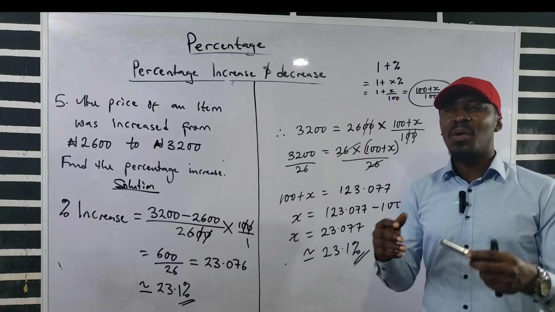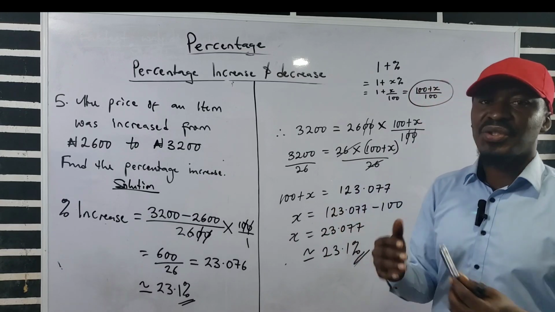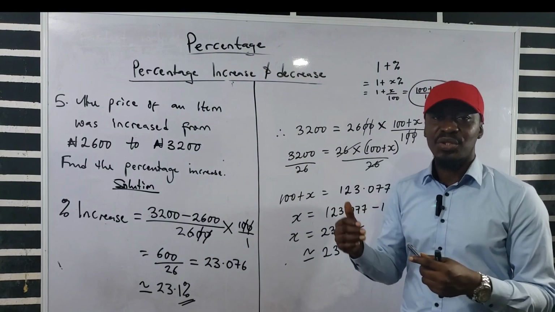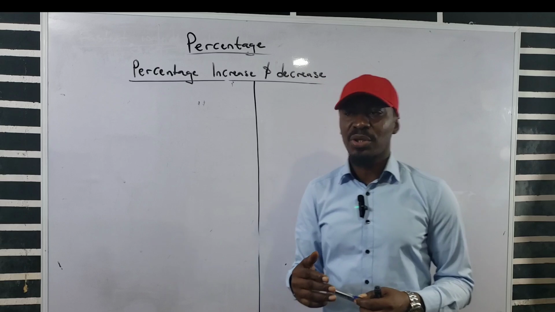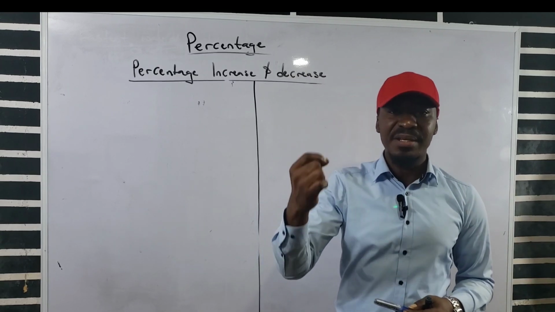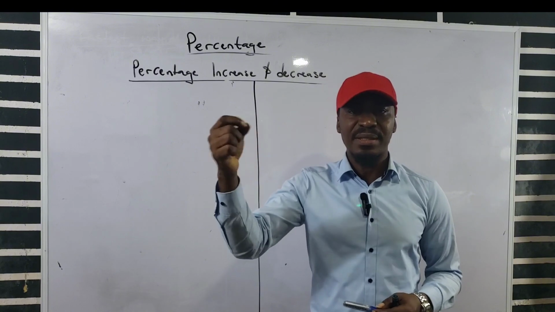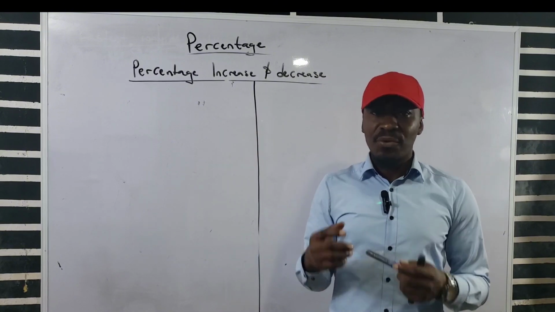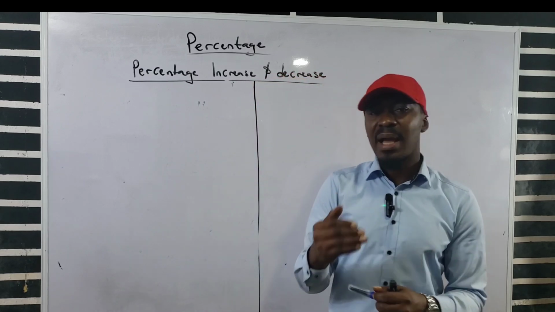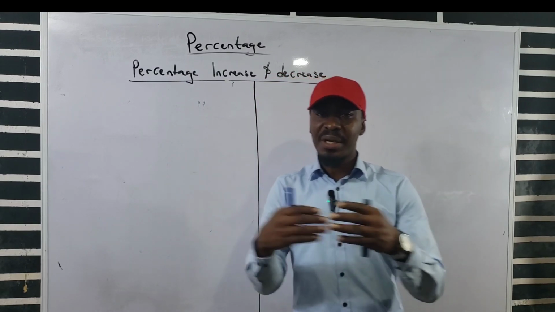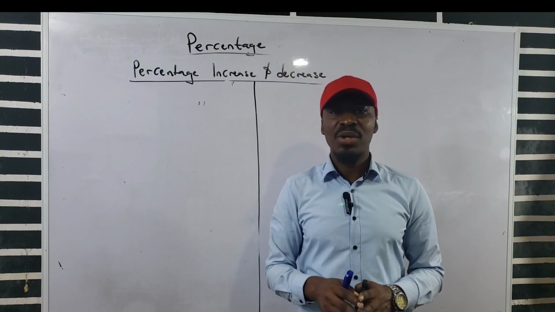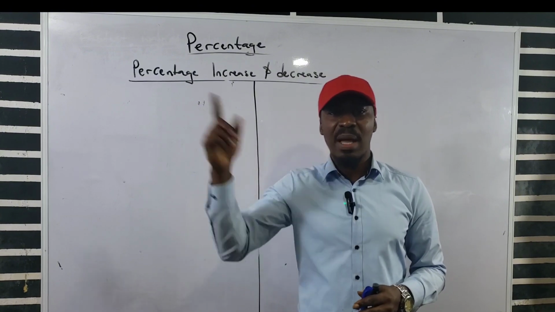Now, under this particular topic, there's something that we need to understand. There's a misconception that students have on this topic. And what is that misconception? It is that when a certain amount is increased by a particular percentage, you get a new amount, and when that amount is decreased by the same percentage, you're not going to get back the previous amount.